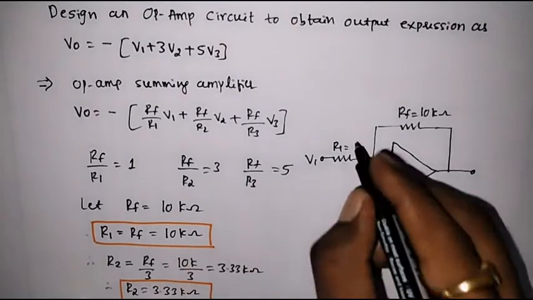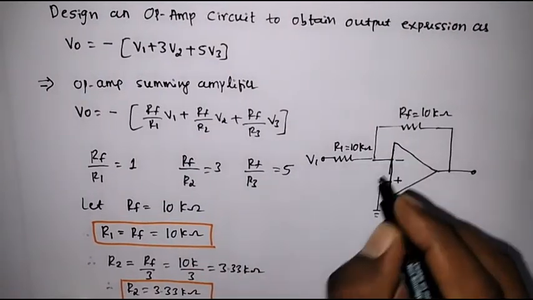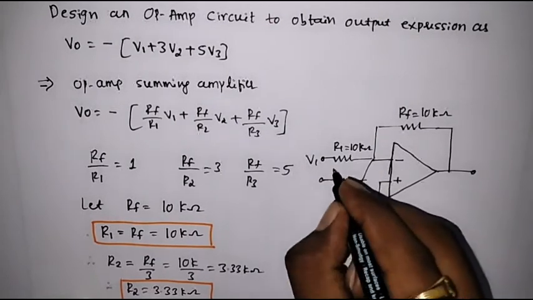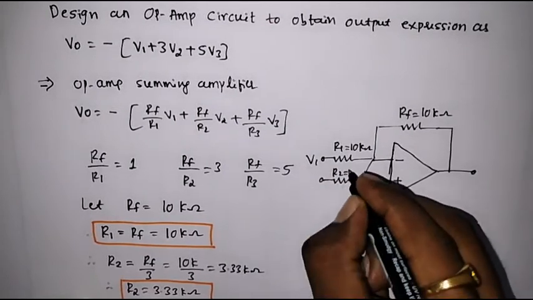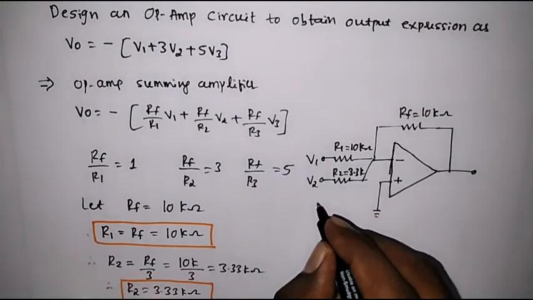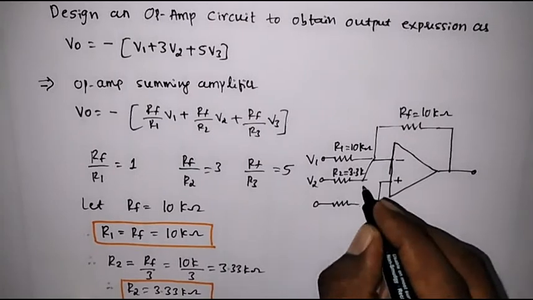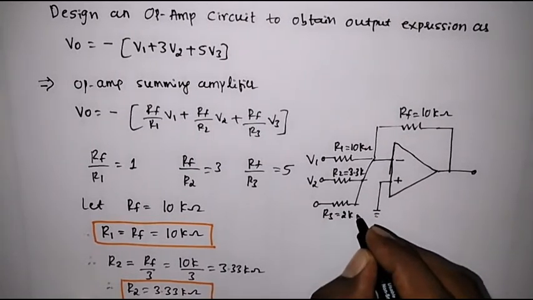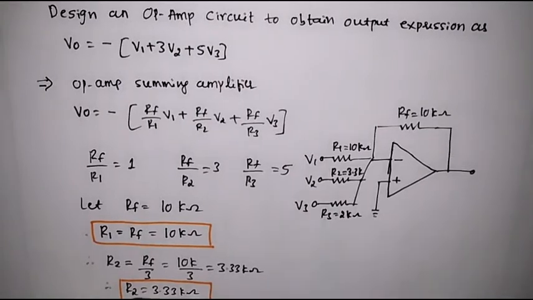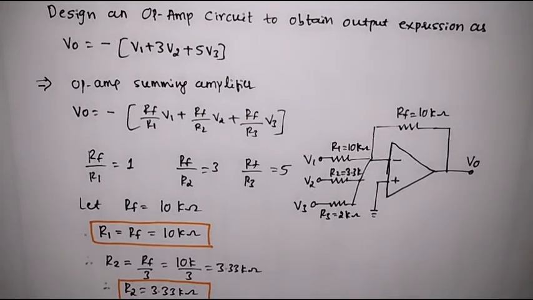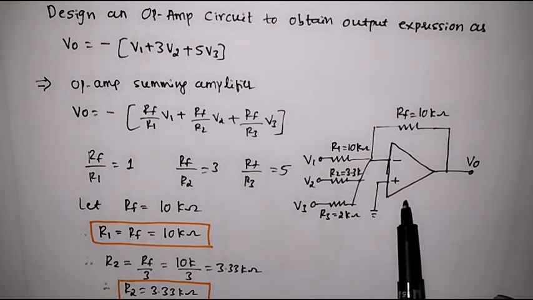R1 value we have calculated as 10 kilo ohm. This is R2, its value is 3.3 K. This is V2, and another resistor R3 is connected here, which is R3 is equal to 2 kilo ohm. This is V3. So this is the circuit which is required.